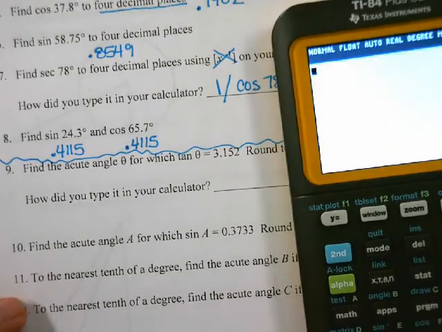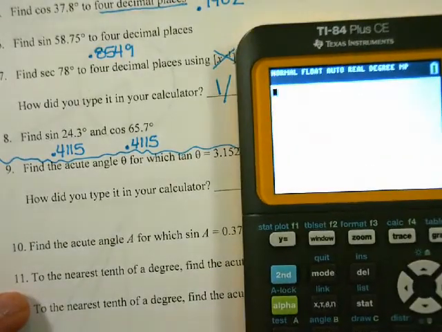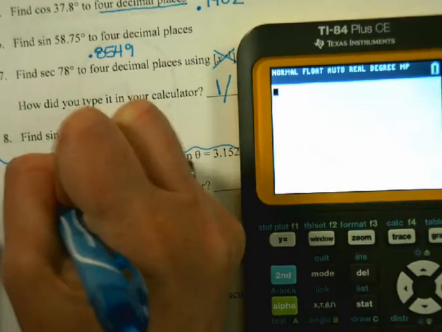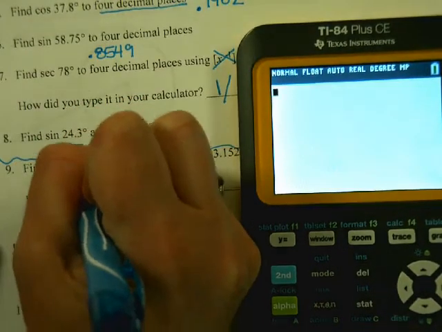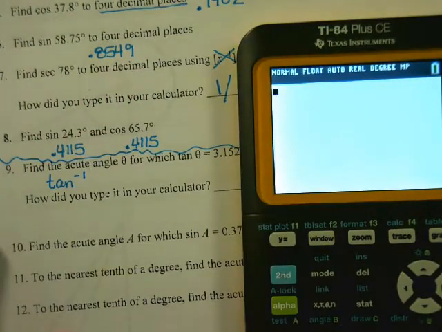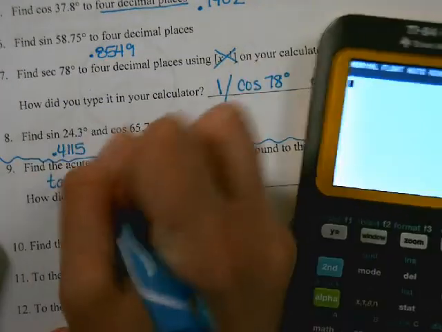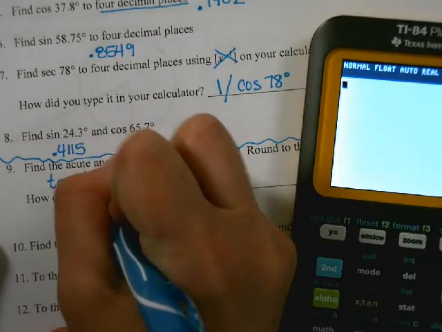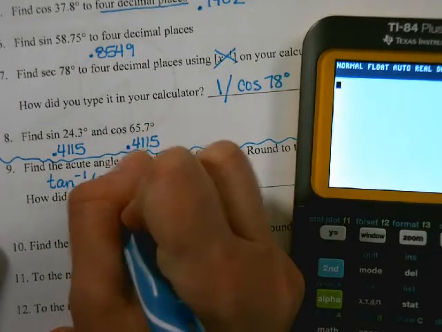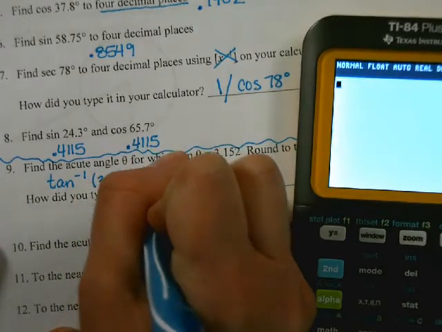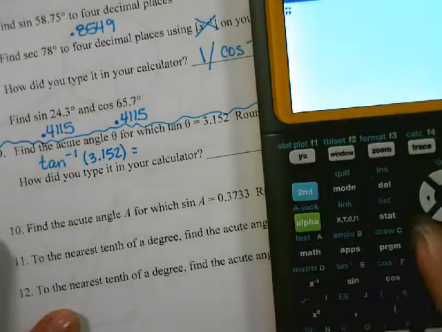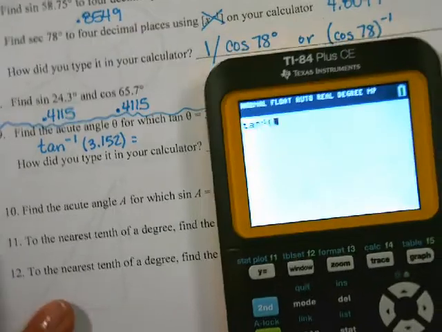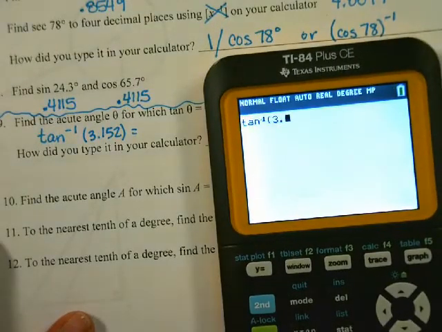So in my calculator, I'm going to put in tangent to the minus 1 of 3.152. So second tangent 3.152.